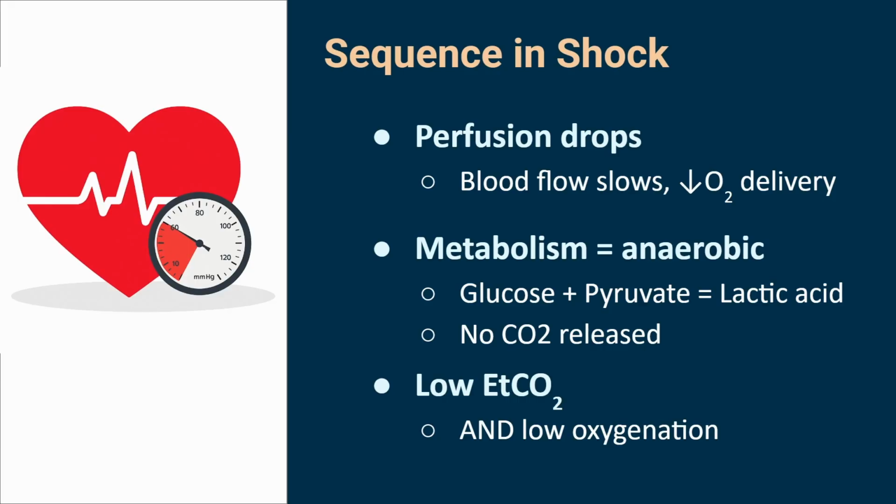I don't care that you know anything about pyruvate specifically, it's just that instead of oxygen and glucose, it's something else. And the byproduct in large part is an acid, which is not occurring in aerobic metabolism. The point here is that lactic acid is created in anaerobic metabolism, but CO2 is not.